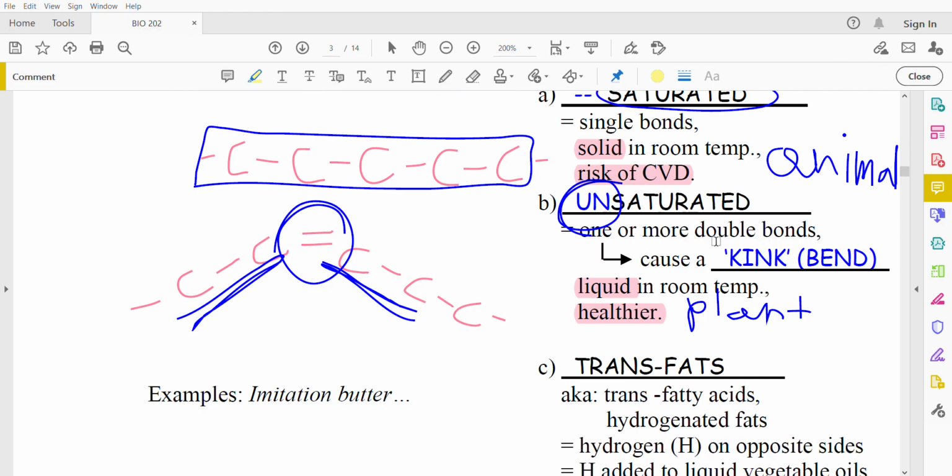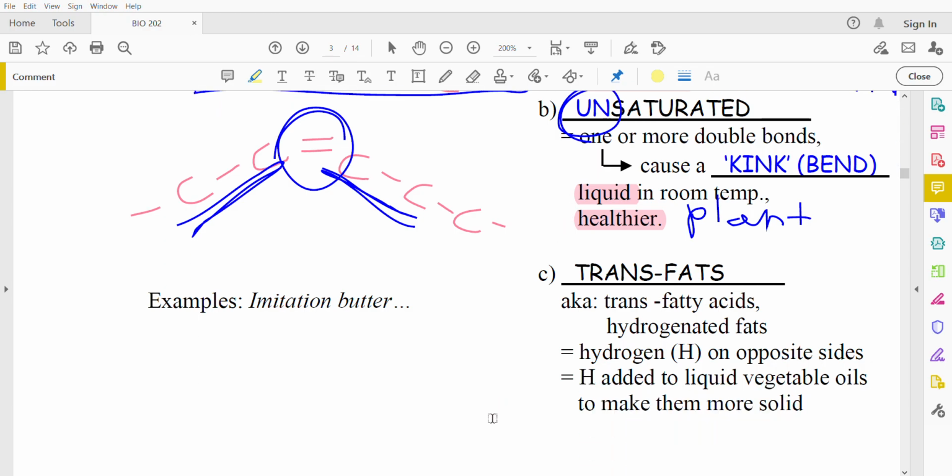So taking something that's considered generally healthier and trying to make it appear at room temperature as a saturated fatty acid chain. These are known as trans fats, or hydrogenated fats is the term that I keep seeing used here in America a lot.